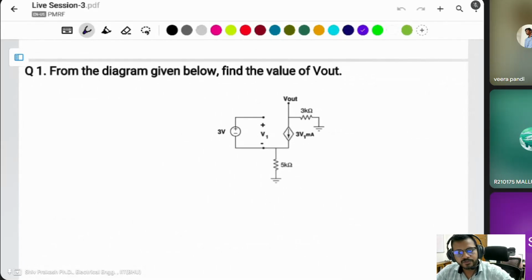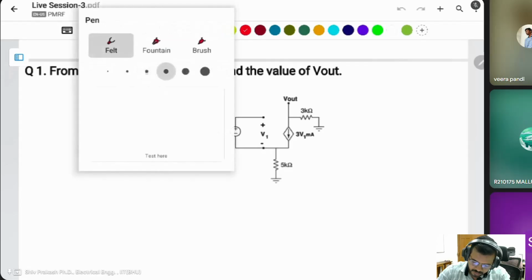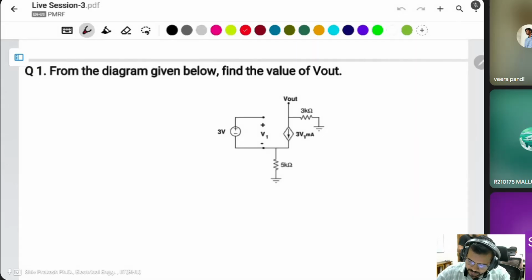This question, first question, from the diagram given below, find the value of V out. We have to find the output voltage. This voltage is connected to ground.